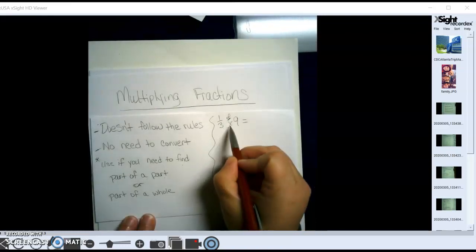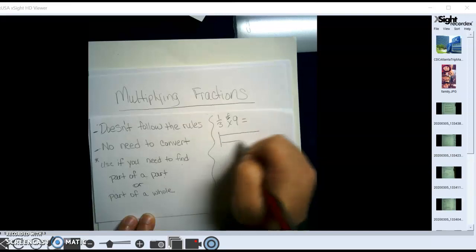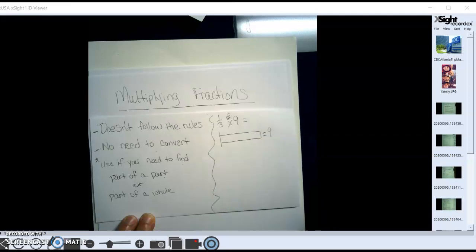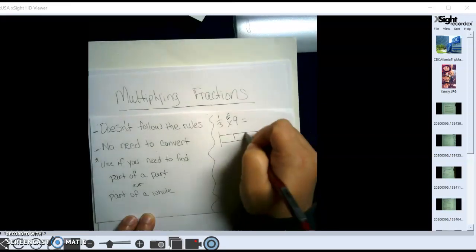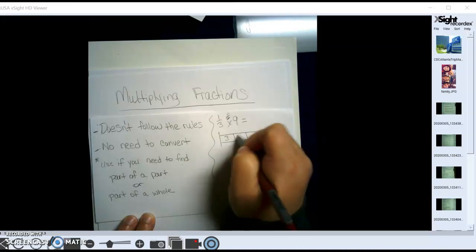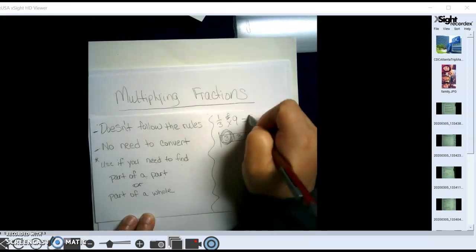So we're looking for 1/3 of 9. If I draw a model here and I label it 9, that the whole model equals 9, all I have to do is split it into thirds. And I know that 9 divided by 3 is 3 in each one. And I'm only looking for one of those. So the answer is 3.